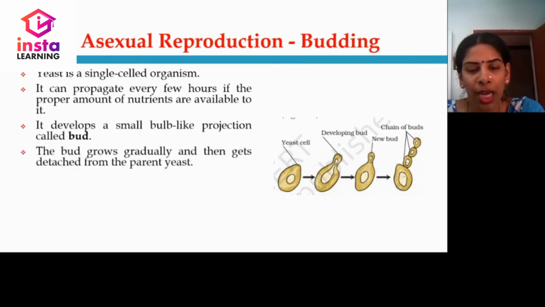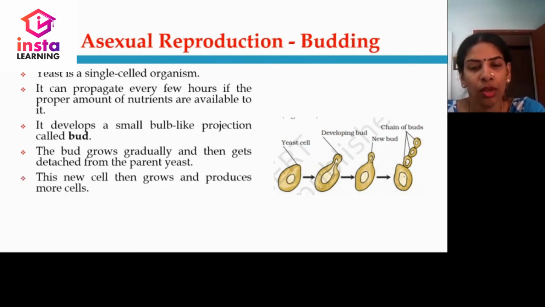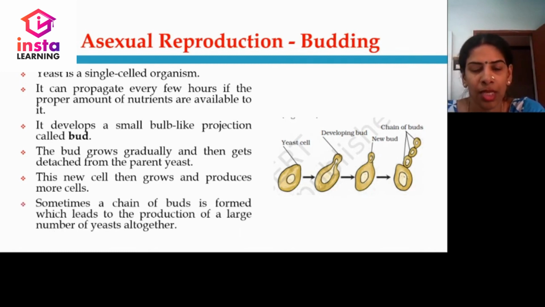The buds grow gradually and then get detached from the parent yeast. This new cell then grows and produces more cells. Sometimes a chain of buds is also formed. This results in the production of a larger number of yeast altogether. This is asexual reproduction by budding.